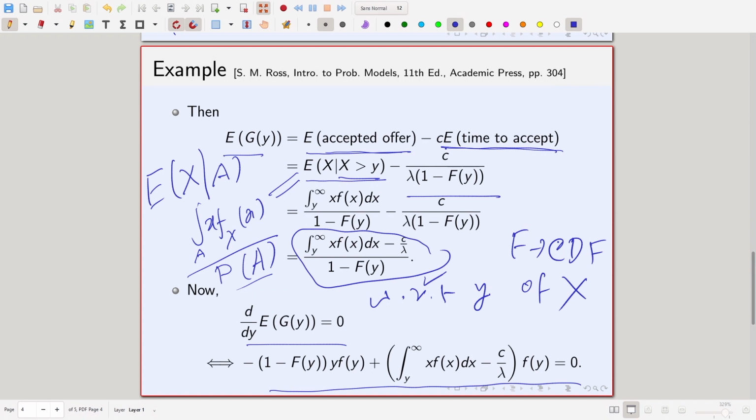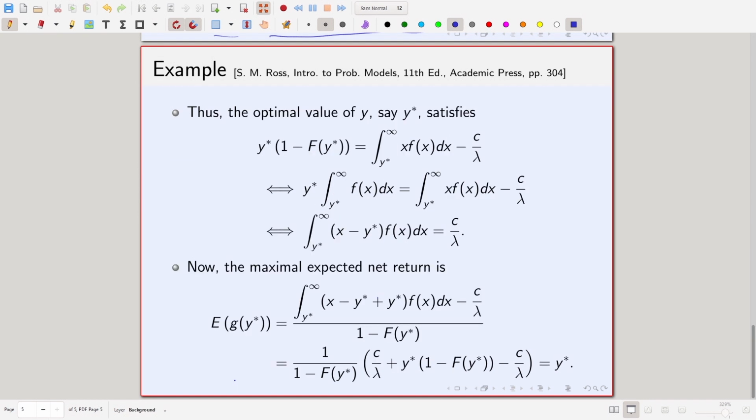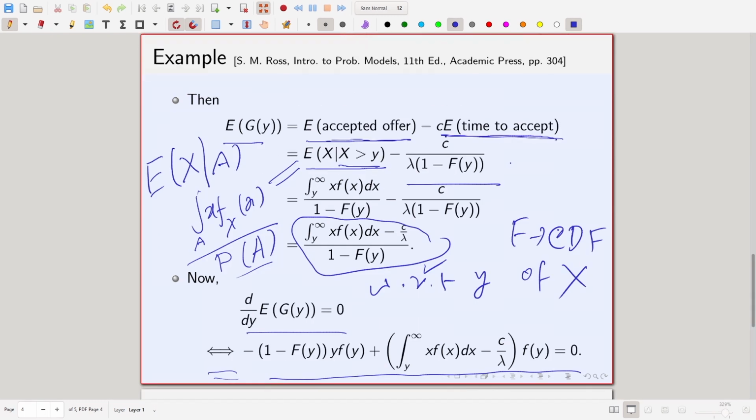The derivative of E[G(y)] is equal to 0 if and only if this condition is true. So, the optimal value of y will satisfy this relation. You do not get it very explicitly, but you get it in terms of this relation. Let us call the optimal value y star, which should satisfy this relation.